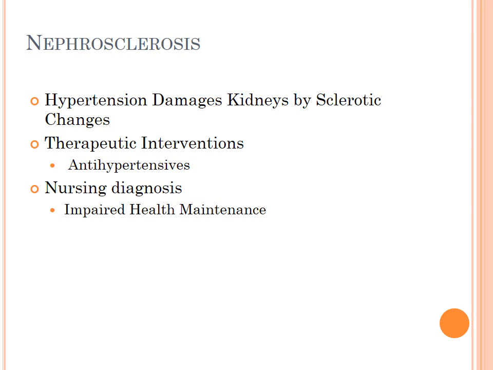So as a result of hypertension, the vessels in the kidneys undergo sclerotic changes, hardening, stiffening, and that could ultimately reduce blood flow and function of the kidney. As a result of those changes in some vessels, whatever is left, there'll be vasodilation to increase flow to the glomerulus, and as a result, increased pressure.